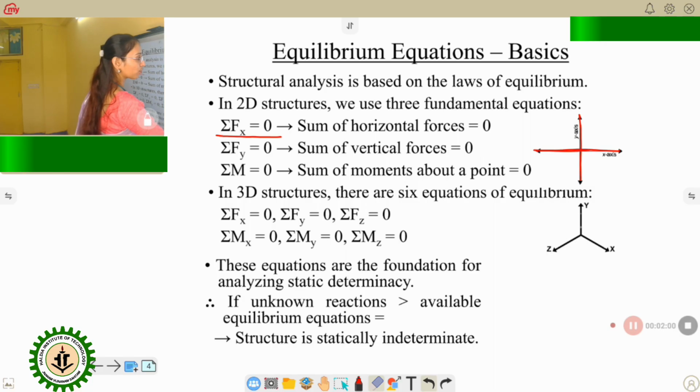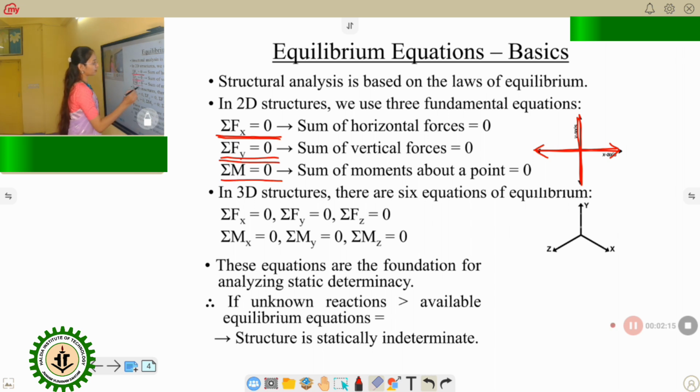That means all forces along the x-axis will sum to 0. Similarly, summation of Fy equals 0, meaning all forces along the y-axis sum to 0. And last is moment equals 0, meaning at a point, the moment will be 0. These are the three fundamental equations in 2D for the analysis of structures.